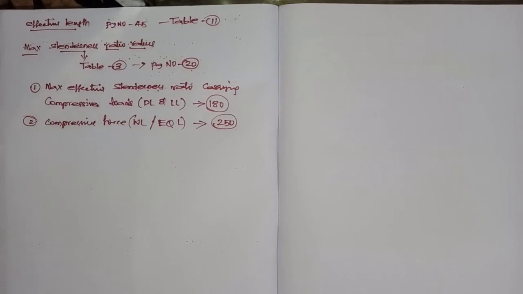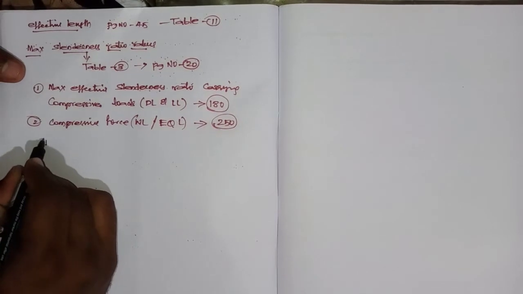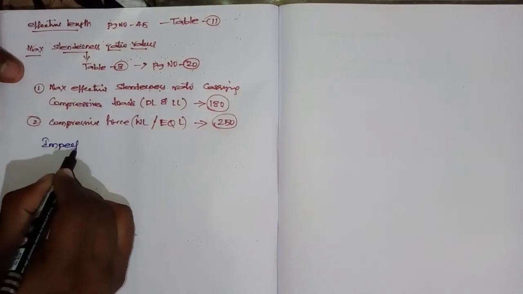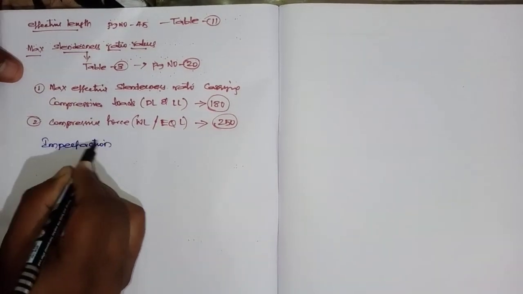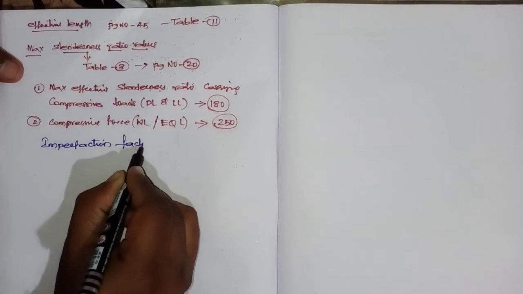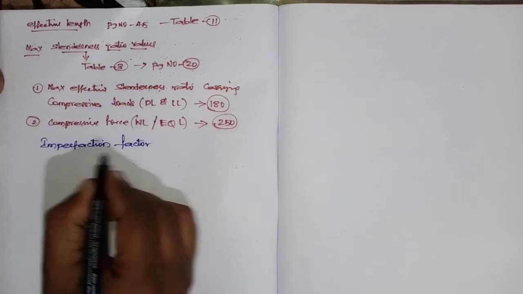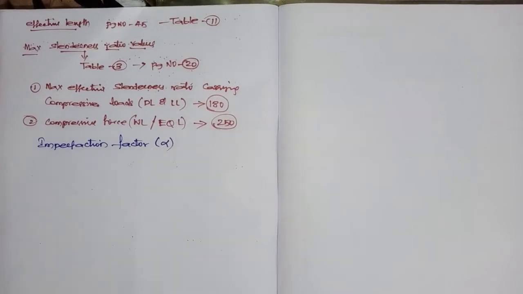while discussing the buckling classes, I have used one word, imperfection, right? Imperfection factor. It is denoted by alpha.